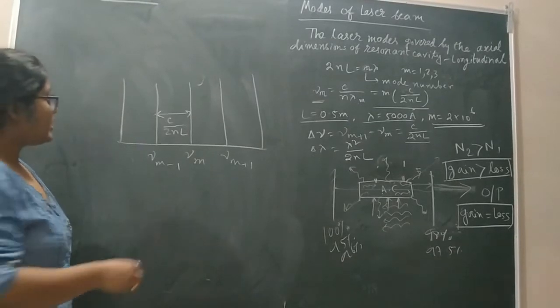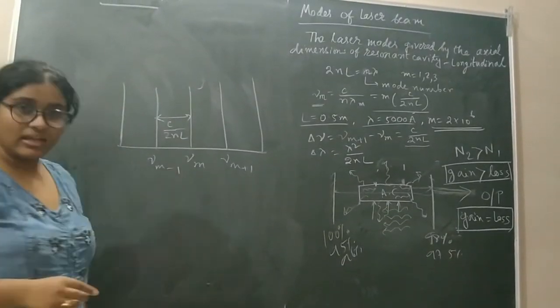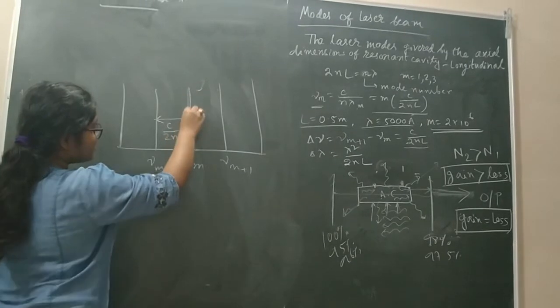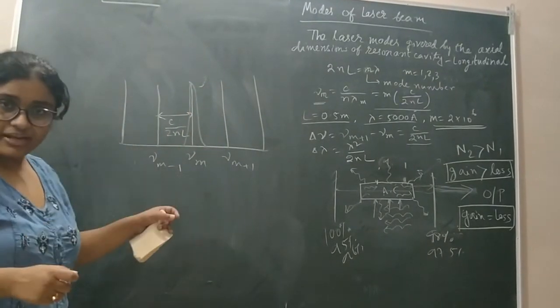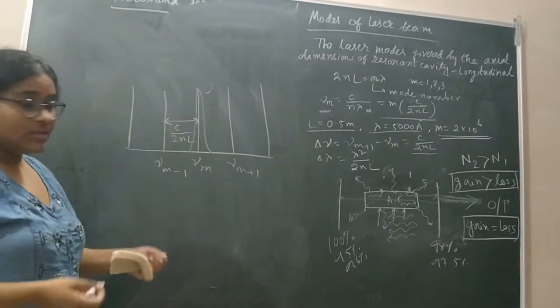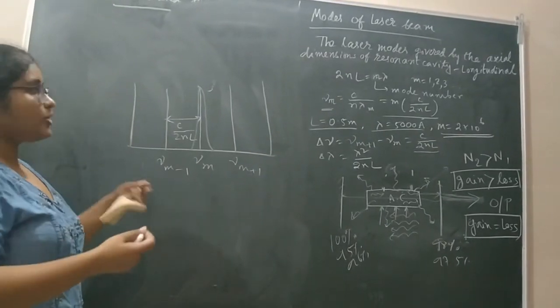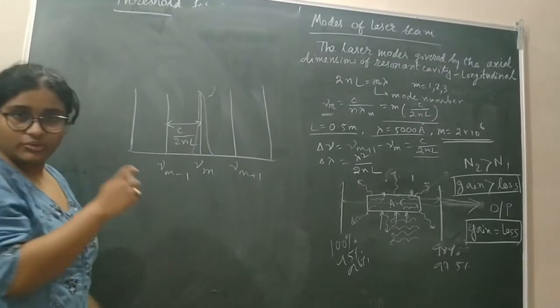Now we all know that this nu m has a natural width. It cannot be a single line, because of some natural line width, due to some broadening, collision broadening, Doppler broadening effect, one single frequency we cannot achieve.